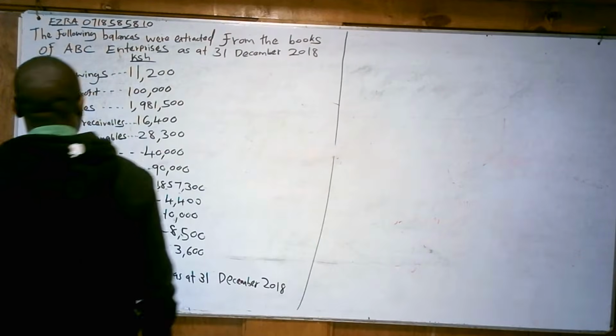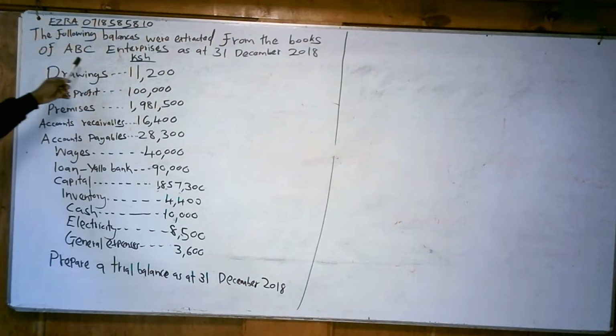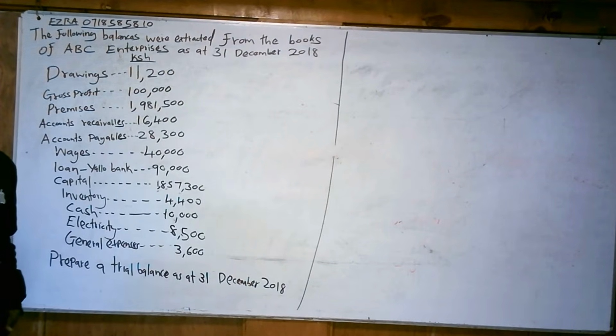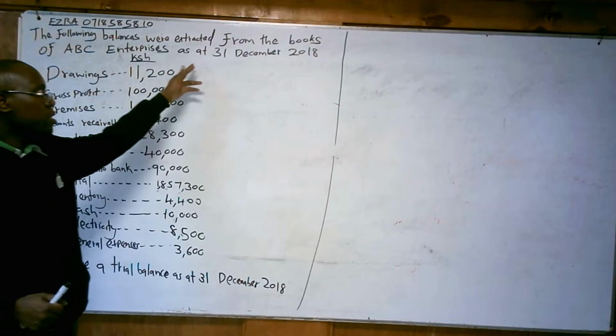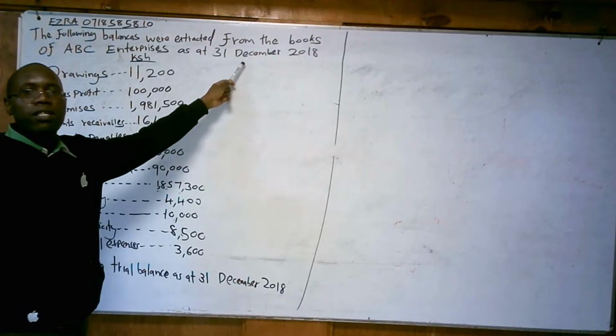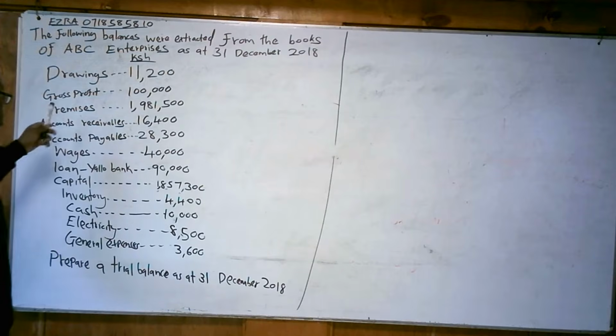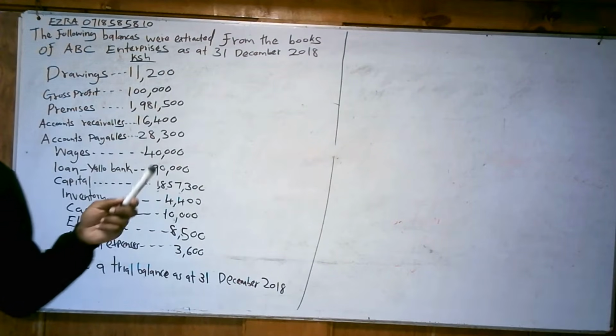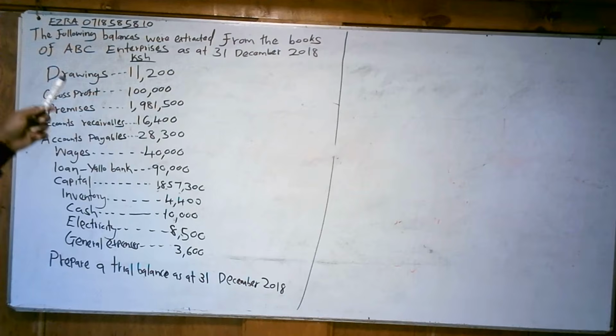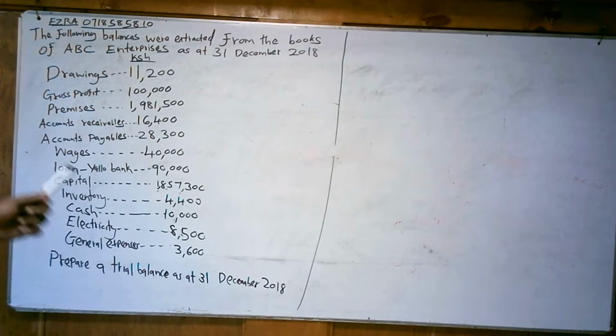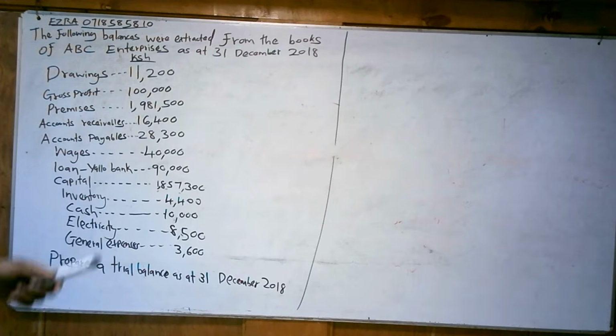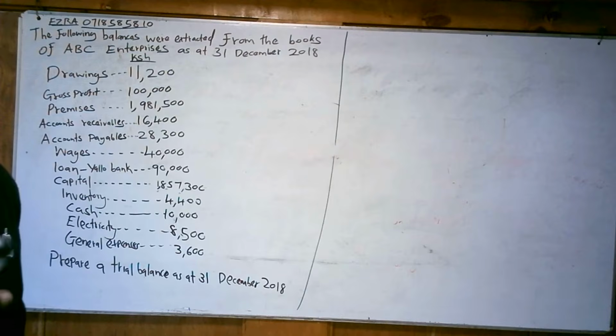The question says the following balances were extracted from the books of accounts of ABC Enterprises as at 31st December 2018. You can see they have given us the drawings, the gross profit, the premises, the accounts receivables, the wages, and the loan.